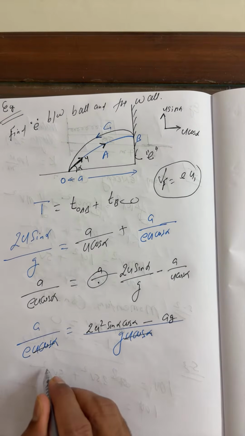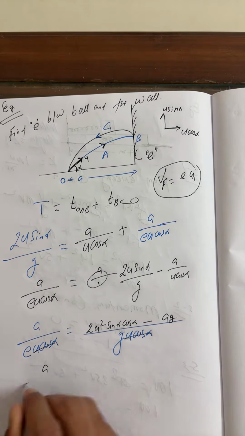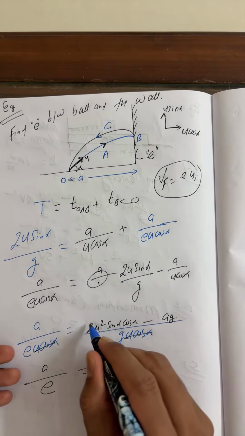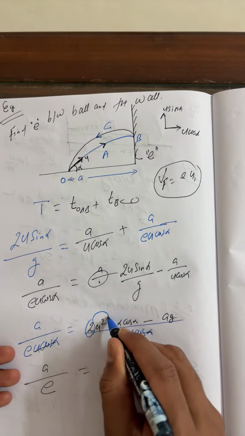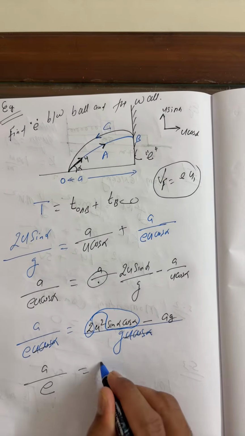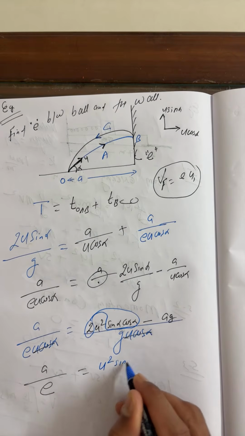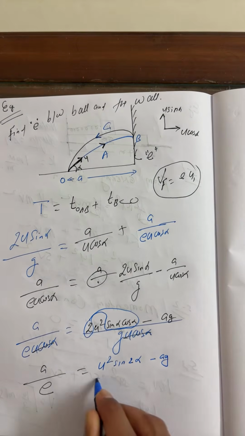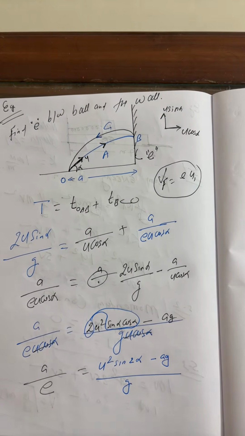Yes, you can do, beta. So you can write it as A upon E. This term, sir, you can just apply a little trigonometric formula. It's nothing, it's sine 2 alpha. So you can say this is U square sine 2 alpha minus AG upon G.